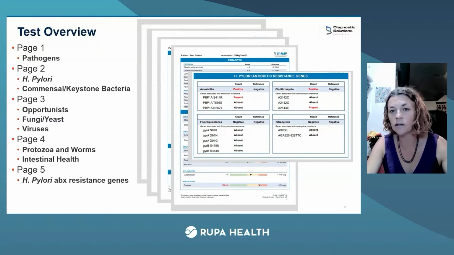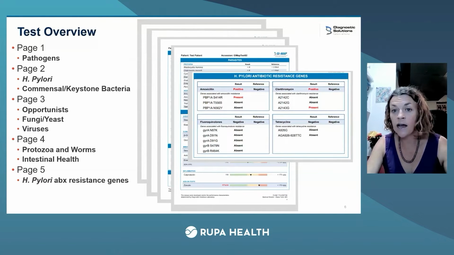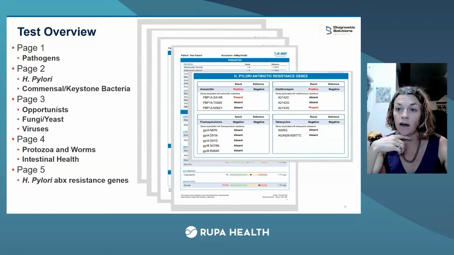Depending on your credentials and your scope of practice, some clinicians may use this more than others, but essentially in terms of antibiotic stewardship, we are measuring different SNPs of the H. pylori genome. If any of these specific gene targets that are known to confer antibiotic resistance are present, we report that, and it can help triage your decision making if you are going to use antibiotics in treatment.